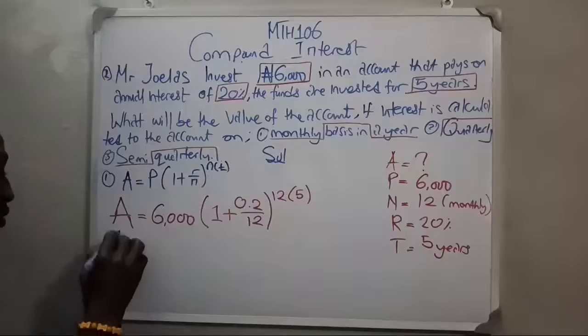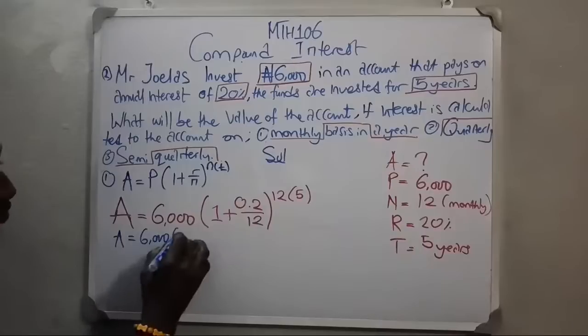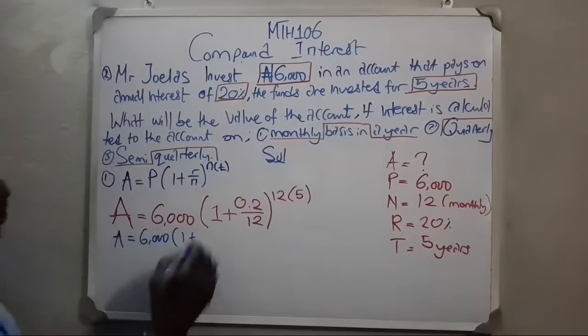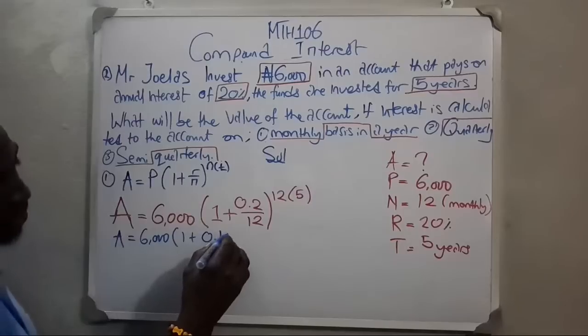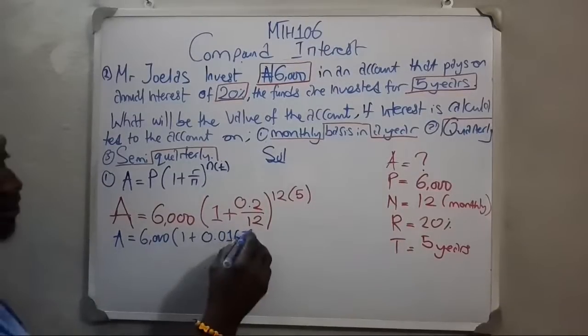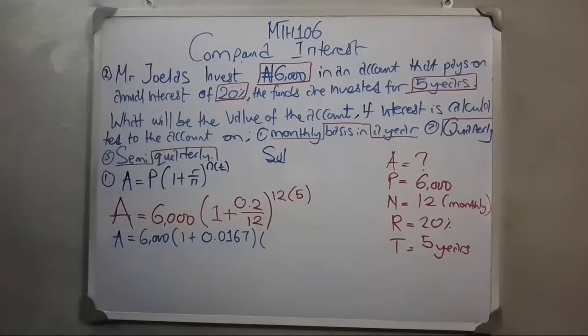We don't know what A is, so we bring down 6,000. Here we already have 1 plus 0.2, Mr. Jewelers, 0.2 divided by 12. That gives us 0.0167. All right, close the bracket. 12 multiplied by 5 should be 180 if I'm not mistaken.